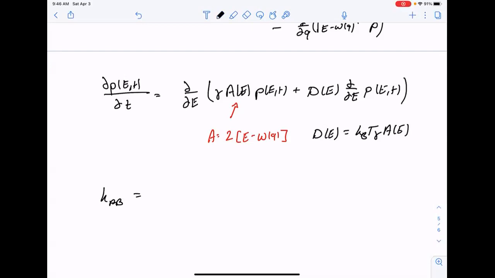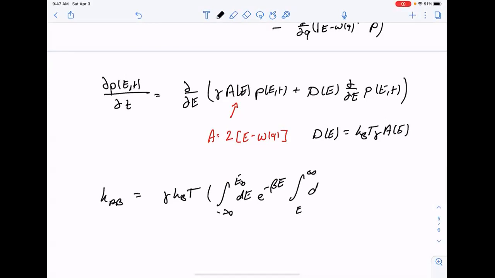It is now proportional to k_B T gamma, and now nested integrals from minus infinity to E_B, the barrier height that I have to overcome, the energy that I have to localize in the system to get to the top of the barrier, and a Boltzmann distribution, and an integral from E to infinity, dE prime, e to the beta E prime over this action. I'll inverse.